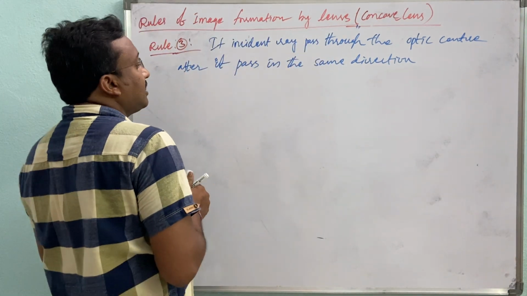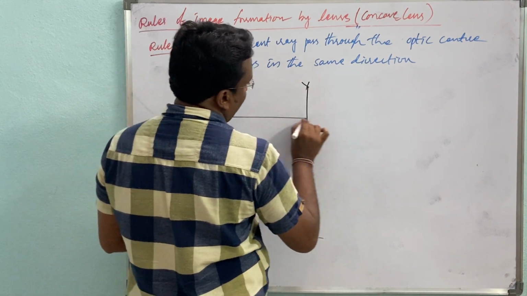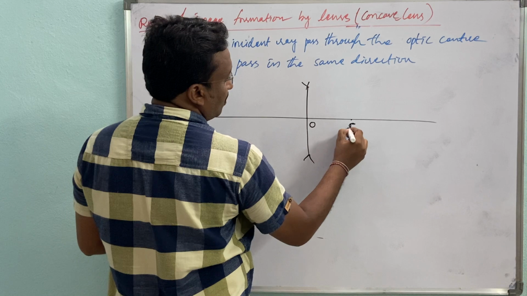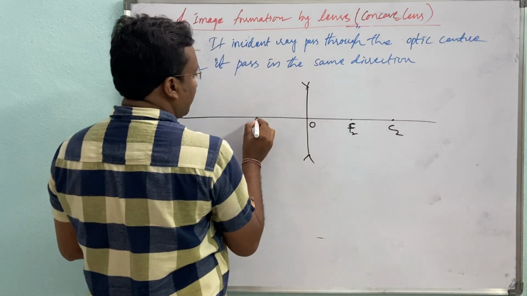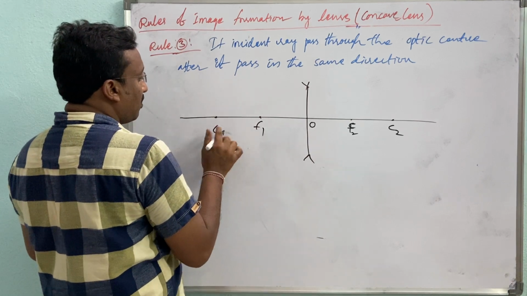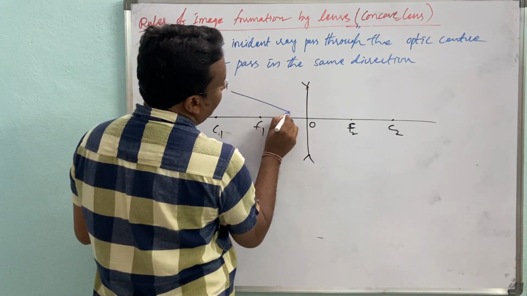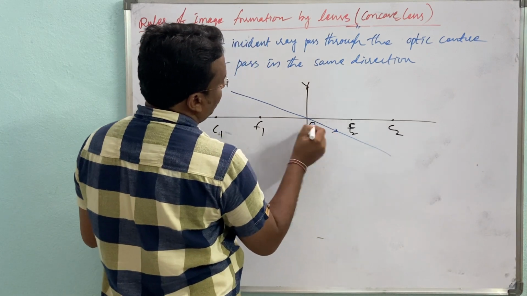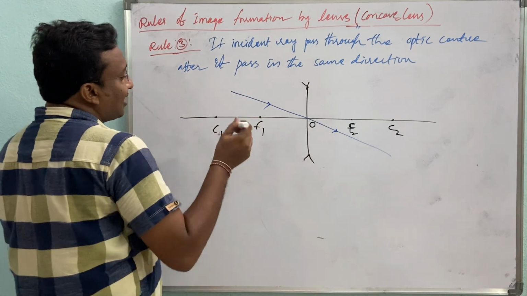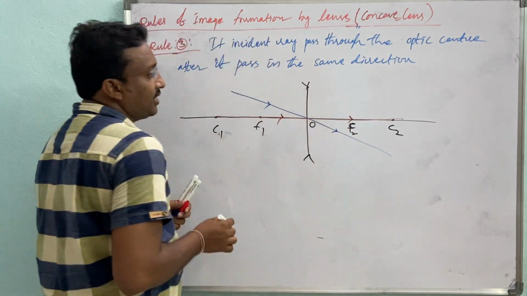Got it? Right, see here, concave lens, optic center, focus, focus. Then see here, the light ray which passes through the optic center passes directly, and at the same time if the incident ray passes along the principal axis also, it goes without deviation.